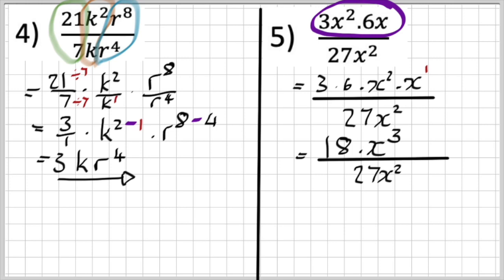So I'm first of all going to divide both numerator and denominator by 9, and that gives me 2 over 3. Then I'm going to apply the second law, which says I take the top exponent and I subtract the bottom exponent from it. And this leaves me with 2 over 3 x to the power of 1.